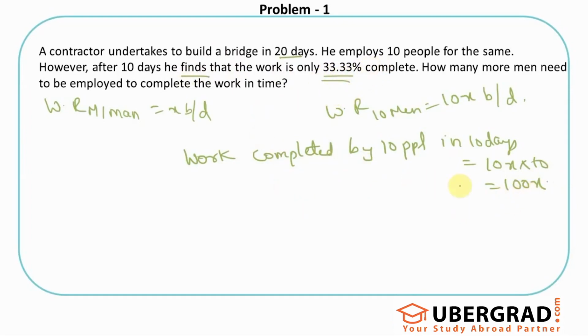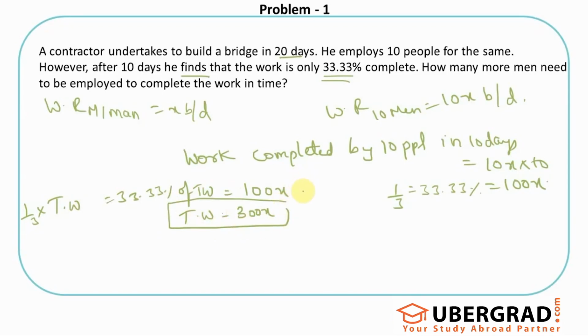So this 100x is basically 33.33%. That's basically 1/3 as a fraction. Otherwise you can leave it as the percentage. So what should be the total work? 1/3 of the total work, or 33.33% of the total work, is completed in those 10 days. That is basically 100x. That is, the total work must be 300x.